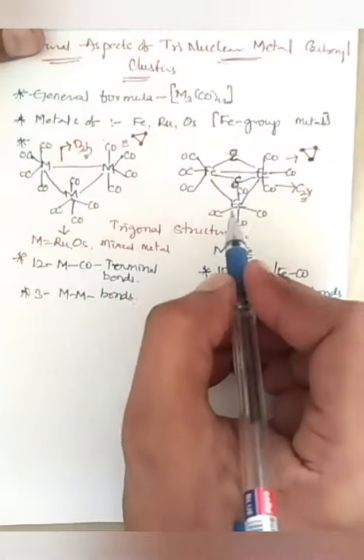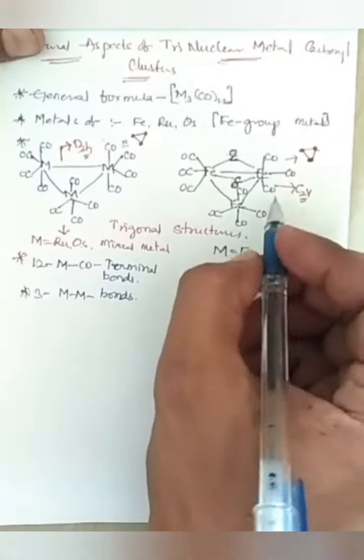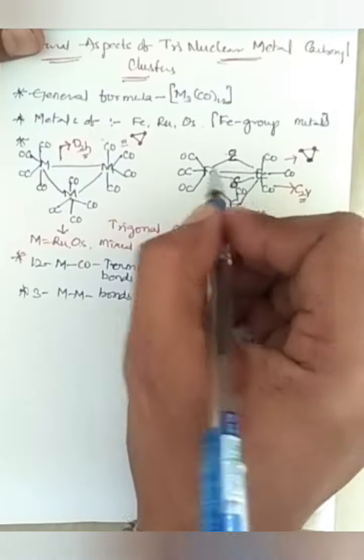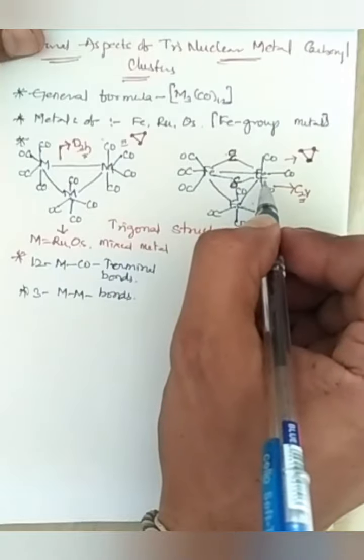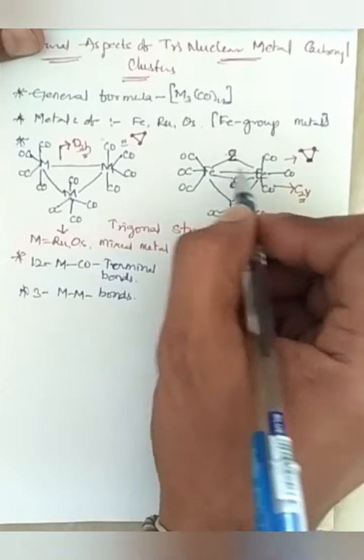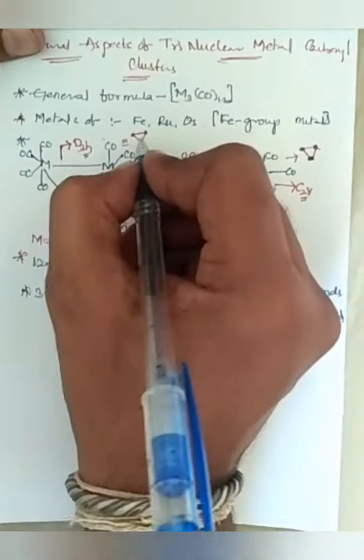The variation comes from the third side having all four terminal iron to carbonyl bonds, whereas the two sides each have three terminal iron to carbonyl bonds and two bridged carbonyl bonds.